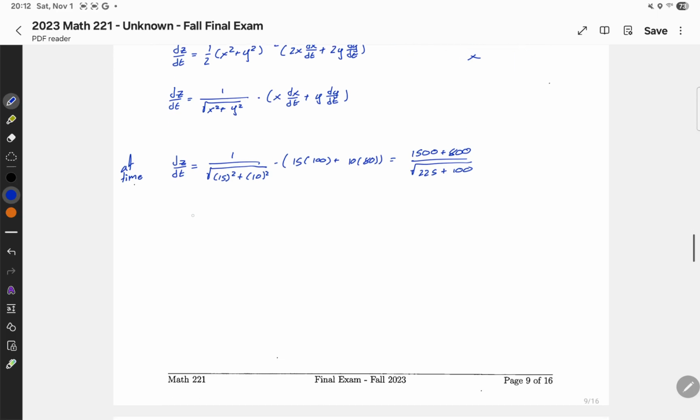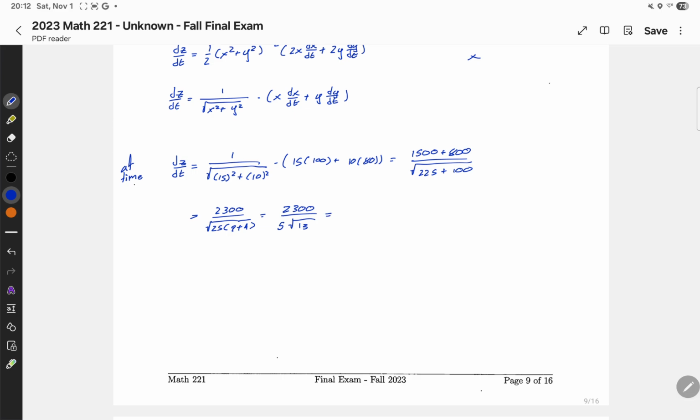This is going to be equal to 1500 plus 800, which is 2300, over the square root of, and we can factor out a 25, so the square root of 25 times, this is going to be 9 plus 4, right? And this is equal to 2300 over the square root of 25, which is just 5, times the square root of 9 plus 4, which is 13.